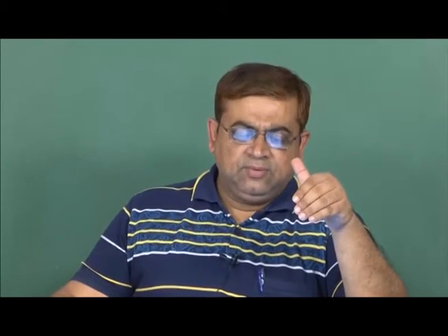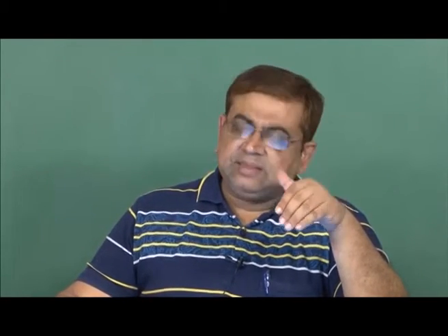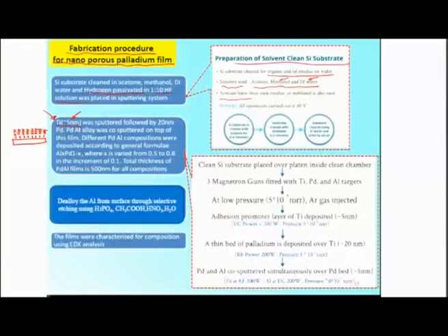This material is highly unreactive because it may be an argon plasma or a nitrogen plasma, and the materials we are using, palladium or titanium, have no possibility of generating a third species with chemical bonds. So it's taken back into the system and deposited.